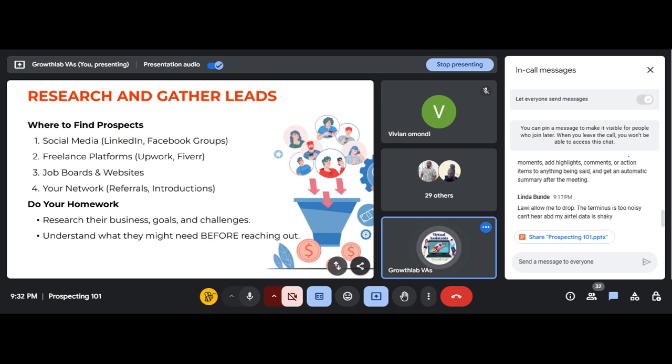Then, when you visit the website of the business, you find out that maybe they have no contact us page. Maybe they are not specific on who they offer their services to. For example, if I would go to Facebook and join an advocate group, then I'll pick on those who have websites.